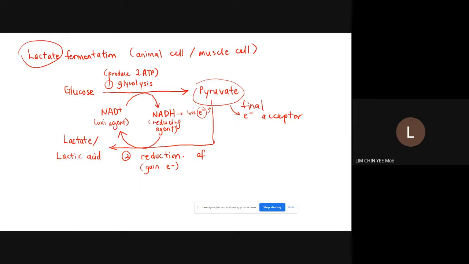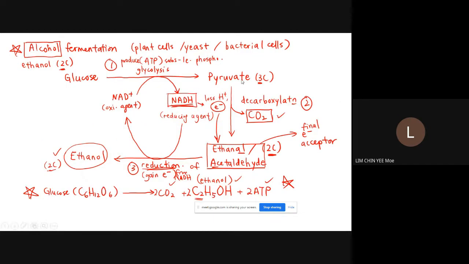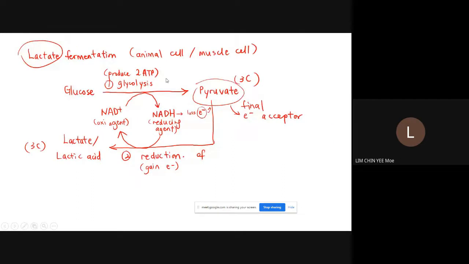Lepas glycolysis, reduction. Tu je. Sebab ini 3 carbon, ini pun 3 carbon. So, tak ada decarboxylation, tak leceh macam alkohol. Alkohol ini kena decarboxylation dulu, baru reduction. Ini tak. Lepas glycolysis, terus reduction. And you have to remember the equation. So, glucose mesti ialah C6H12O6.